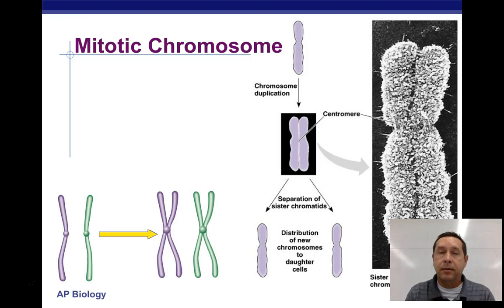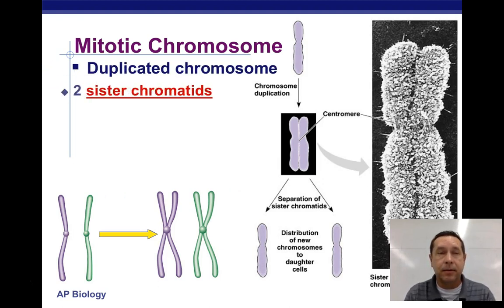So when you duplicate the chromosomes, you're making a copy of each chromosome. Remember, one came from the dad, one came from mom. And then once the cell's ready to divide, that duplicated chromosome is going to separate into two different cells. Each cell has the same number of chromosomes.